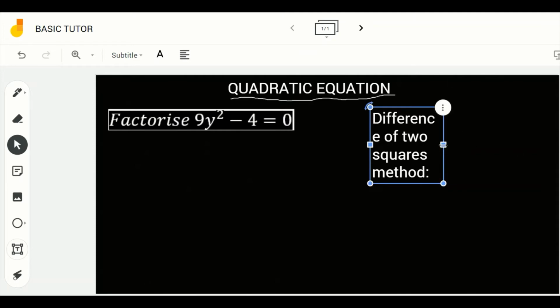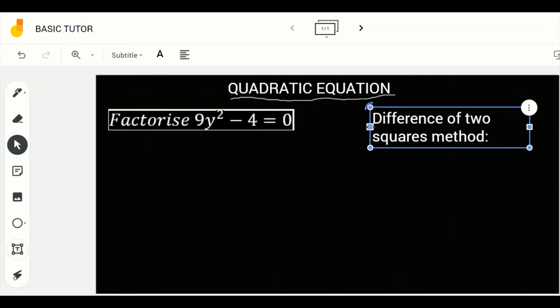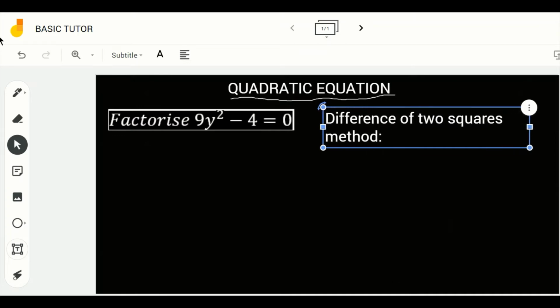Now this method can be used to solve a question in this form.